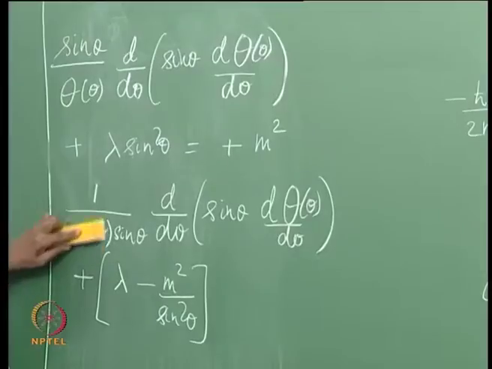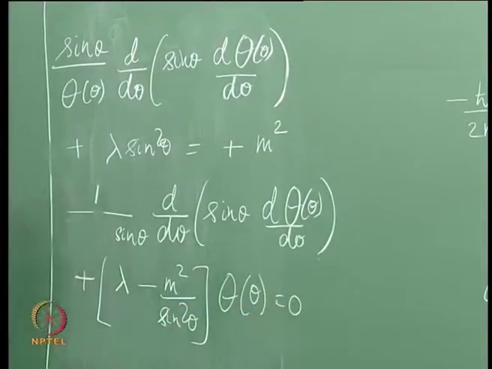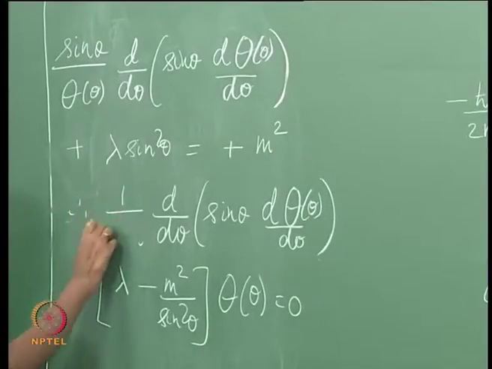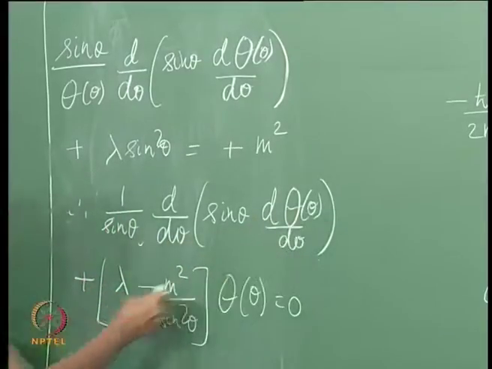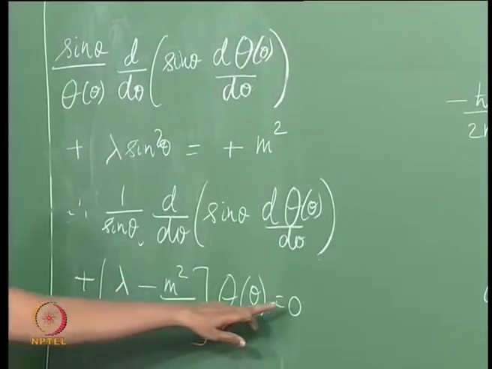So, let us multiply by theta of theta, and that is what I have. I have 1 by sin theta d by d theta of sin theta d theta by d theta plus lambda minus m squared by sin squared theta theta equals 0.